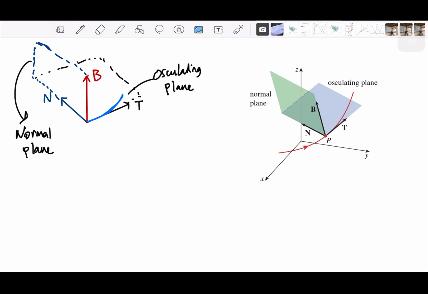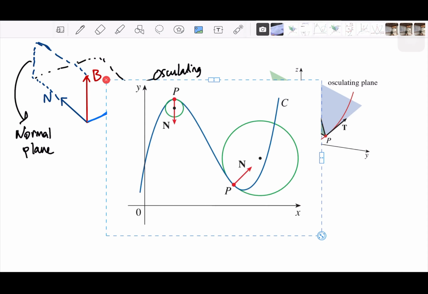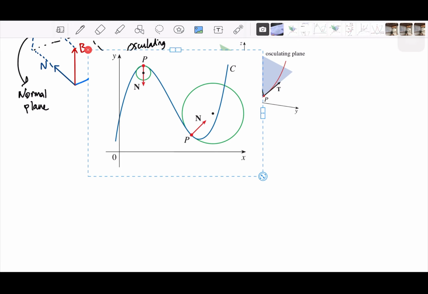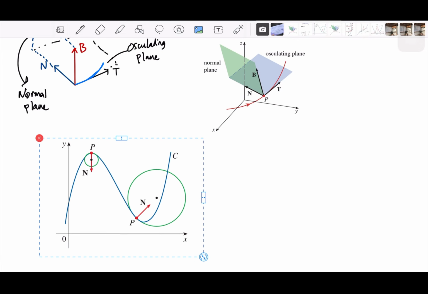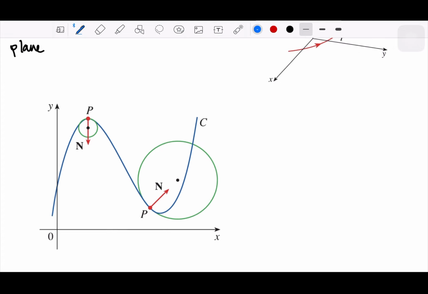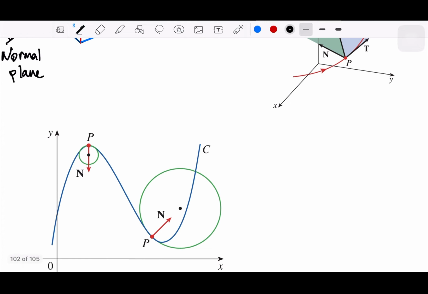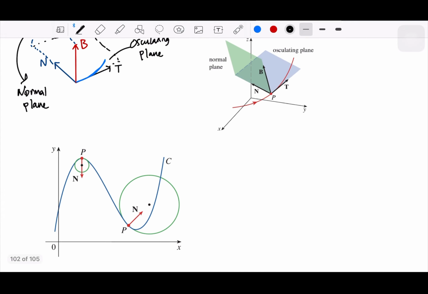Okay, and then aside from the normal plane and osculating plane, we also have what we call the center of curvature or circle of curvature, or osculating circle.